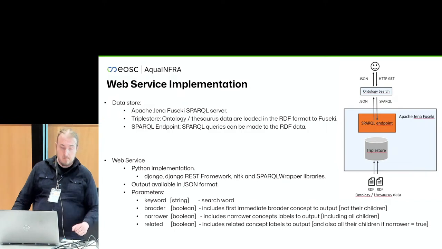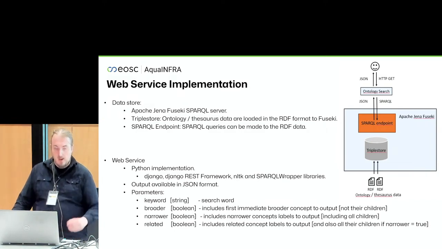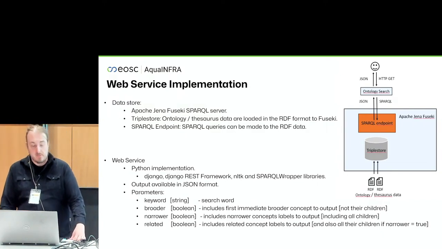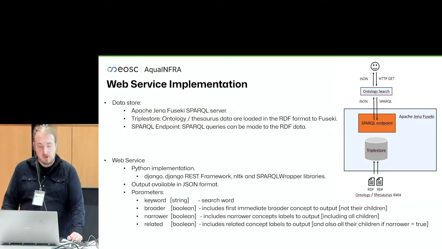And the broader parameter works so that we are including only the first immediate parent of the found matches in the output, because it very easily goes to a very abstract level from the actual match that we find. So we take only the first parent into the output.